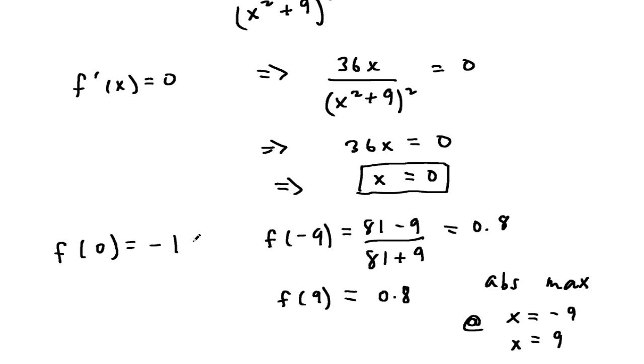Now find the y value that's the smallest. Here we see that -1 is the smallest, so we have an absolute minimum at x equals 0.